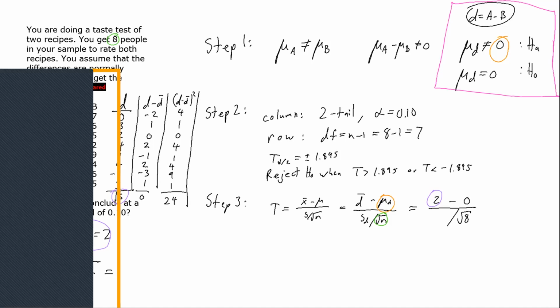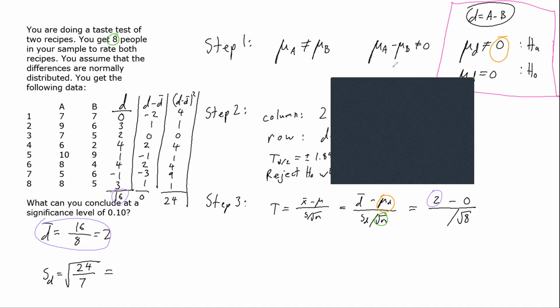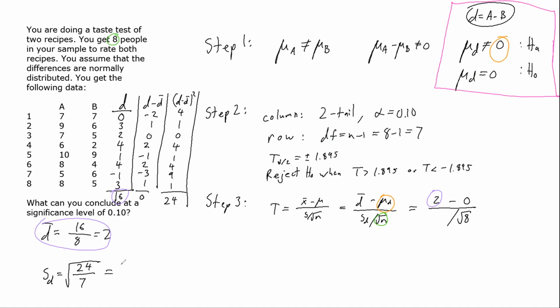So 24 divided by 7, and then the square root: 1.852. That's my standard deviation. So this 1.852 comes from this calculation, which comes from all that stuff.